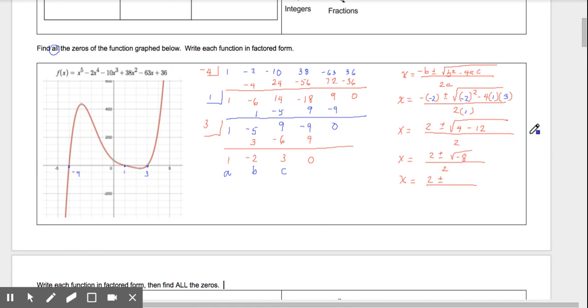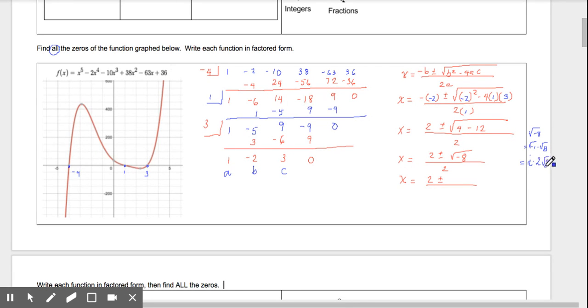Square root of negative 8 can be expressed as square root of negative 1 times square root of 8. Now, square root of negative 1 is equal to i. That's just the imaginary unit. Square root of 8 is 2 square root of 2.